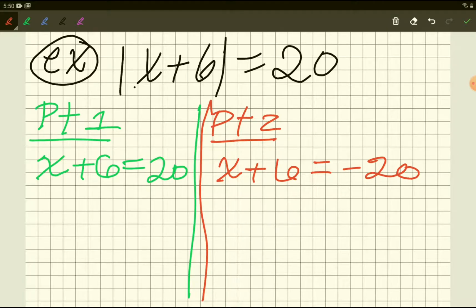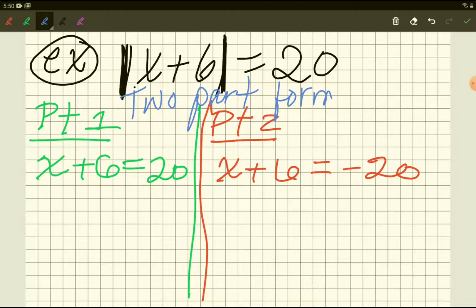Notice the first thing: there are no bars. There were bars in the original problem, but when I get into what I like to call the two-part format, I drop the bars on both sides.